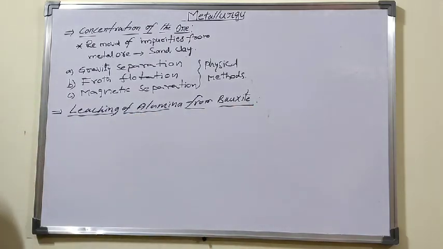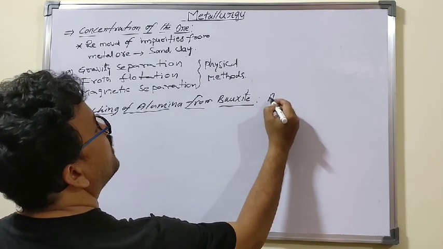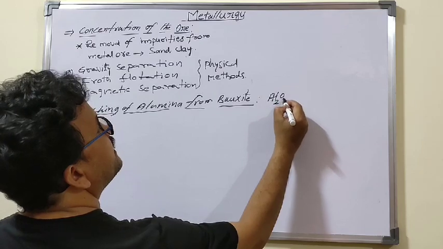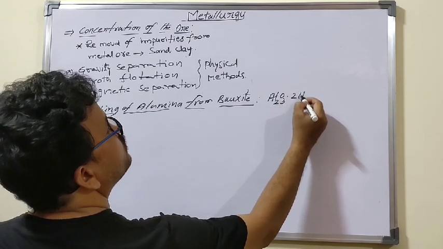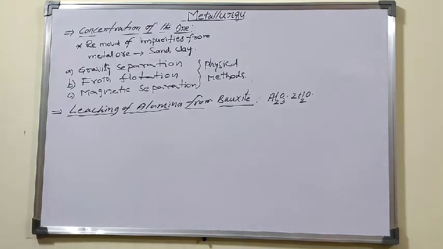You know very well, bauxite is aluminum ore. You know the formula for bauxite, Al2O3 2H2O. From bauxite we are extracting aluminum, means concentration of bauxite to get aluminum.